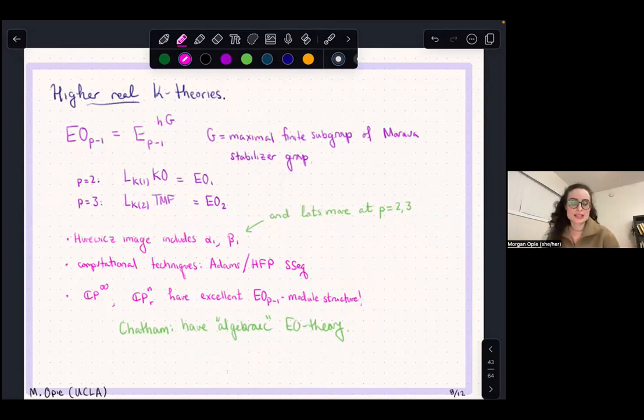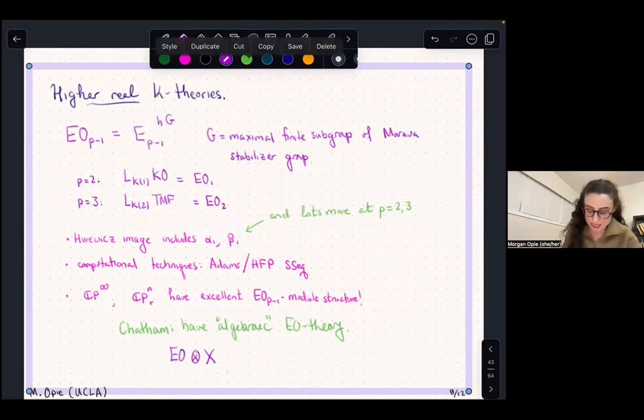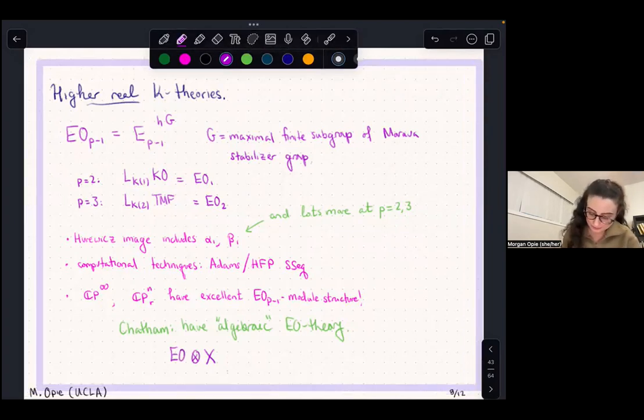So in his thesis, my collaborator Hood set up this theory of algebraic EO modules. And essentially what this means is that you want to study spectra X, so that when you look at the base change to EO modules, this splits as a sum of very nice EO modules.